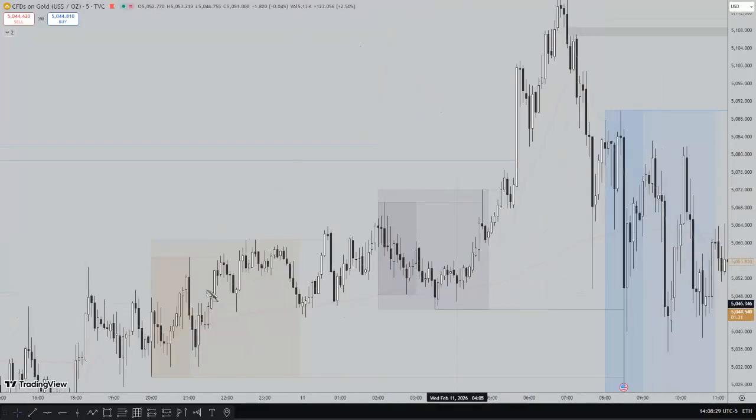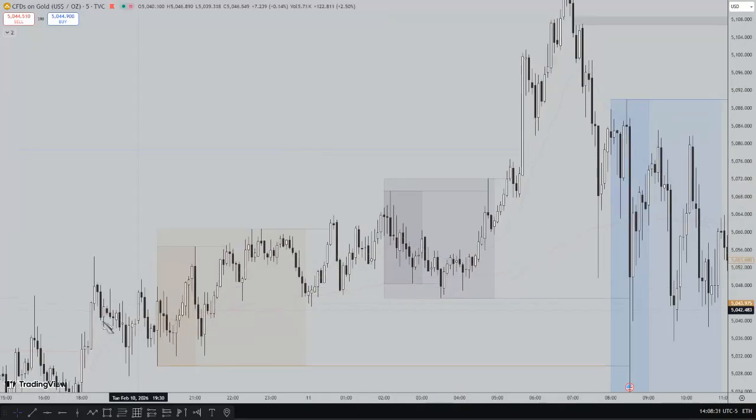So price was chopping along all beginning of the week, right? We have the sweep of the high here of Asia, get a little pullback, hold at this imbalance right here. Perfect. It tells us we're going to probably keep pushing up. We start chopping around again. So then I think, okay, we're probably going to sell off again a little bit.